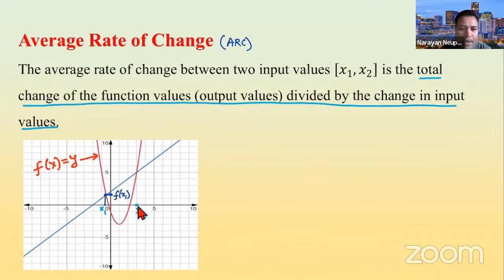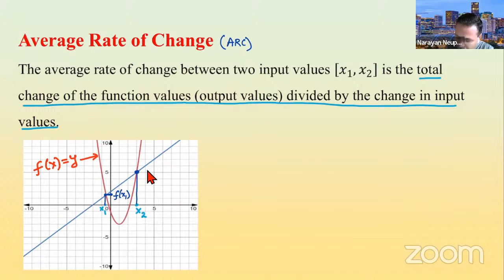Okay, that is the value of the function at x1. Similarly, if you want to find the value of the function at x2, then you'll go all the way up to the function, put a dot there, right? And you look for the corresponding y value. You will go towards the y-axis from there.